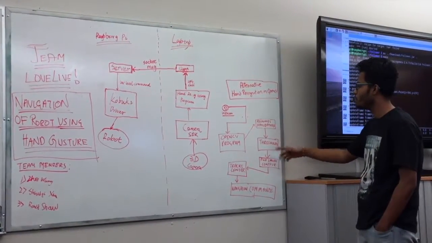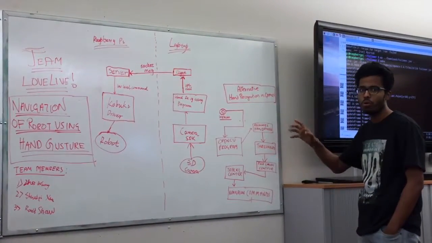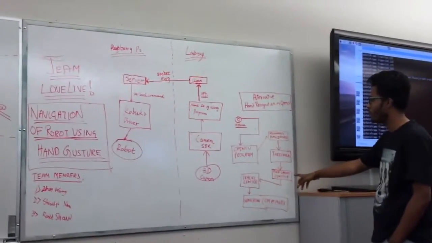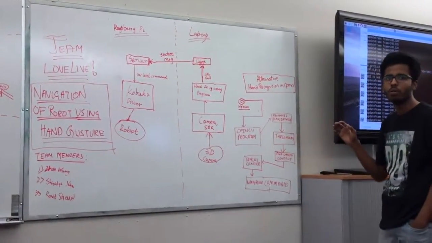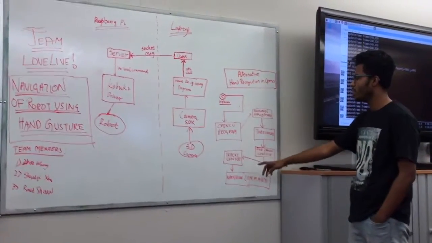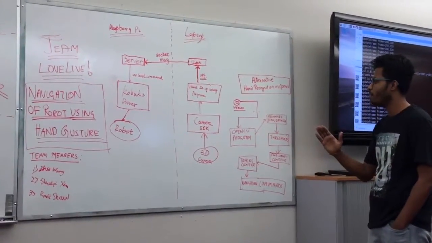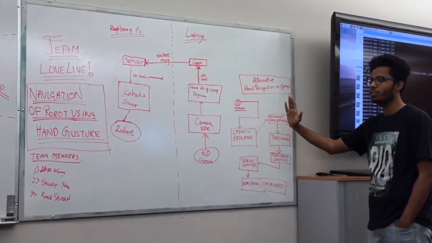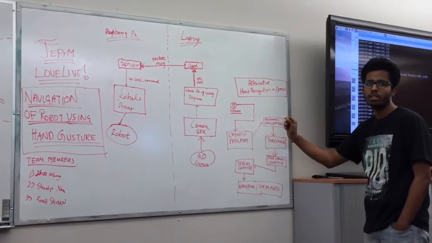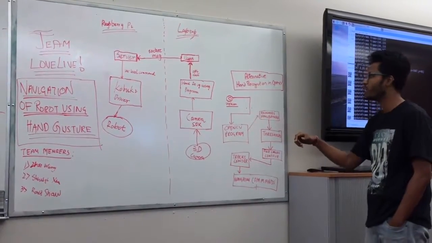And then after that, I was trying to find the largest contour encapsulating that binary image. And then from that contour, I was able to get the center of the contour, and then I was tracking the center to get navigation commands. Suppose you're moving the hand towards the right, the center movement should be towards the right, and then we pass on the navigation commands.